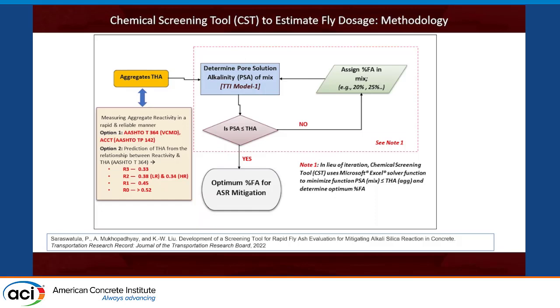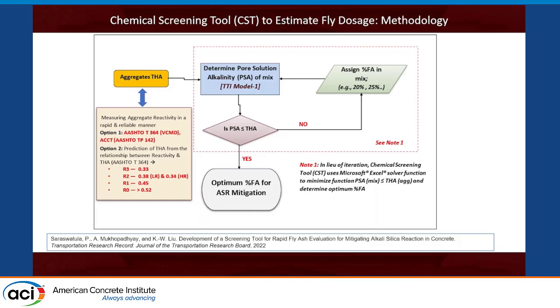If the aggregate is R3, the threshold is around, this is a typo, it should be 0.29. If the aggregate is R2, the threshold is 0.34. If the aggregate is R1, the threshold is 0.45. This is common sense: if the reactivity is slow, the alkali tolerance of the system is high. So that relationship is very fundamental.